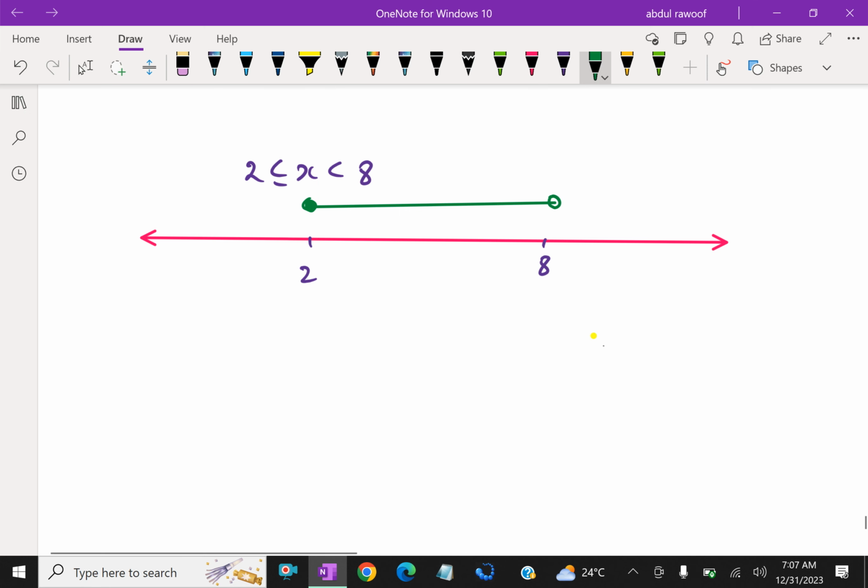What do you mean? Here it is not a thick dot; there, a thick dot. What does it mean? Here x is greater than or equal to, so 2 is included, and here 8 is not included in this.